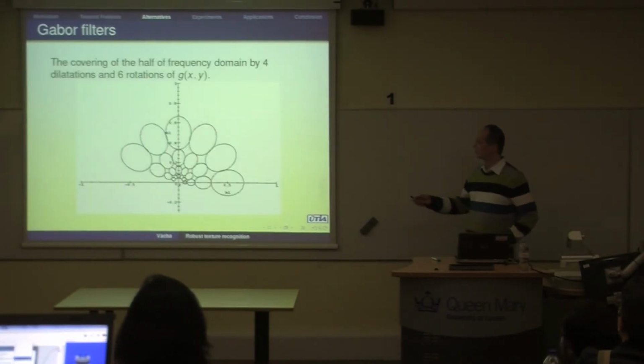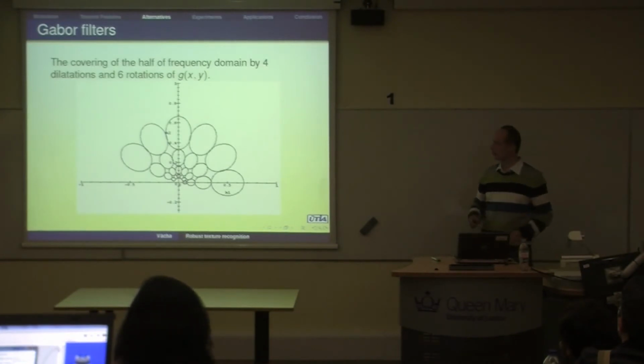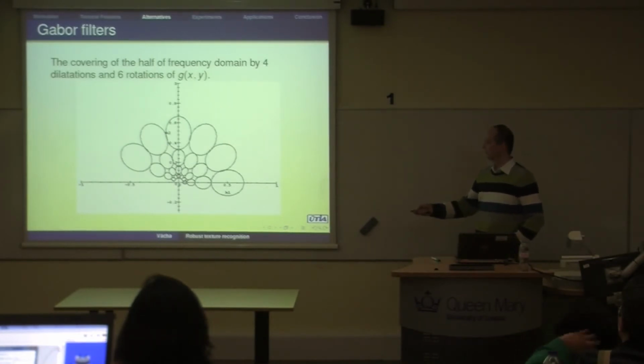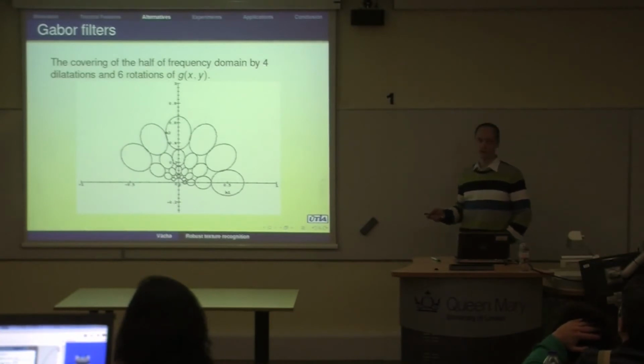And you can construct more of these filters by scale and orientation and cover the whole spectrum of the image, or half of the spectrum, because the spectrum is symmetric. And that's why you get your textural features.